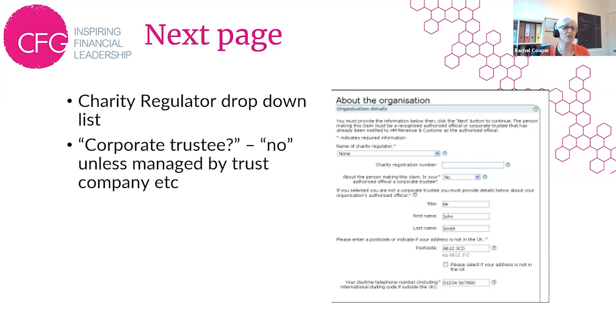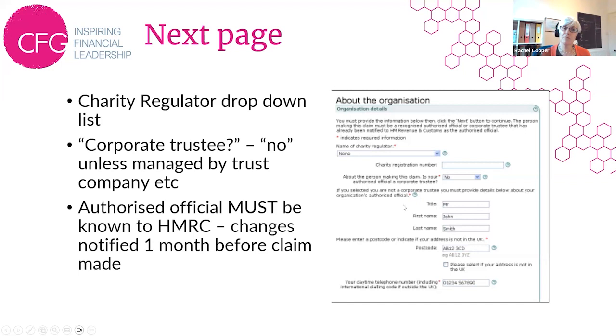A corporate trustee is not a trustee of a company. It is a different kind of thing. So the answer is likely to be no. And then your authorised official must be somebody who is known to HMRC. The guidance at the moment, which I hadn't seen before actually, is that you should notify them of any changes a month before you make the claim, to give them enough time to change their records.